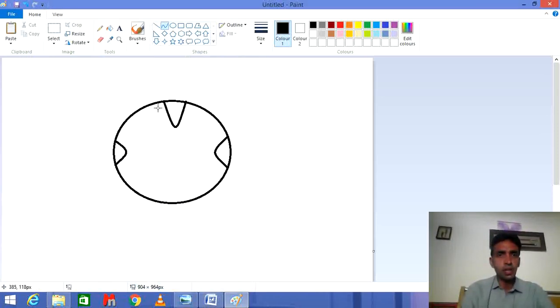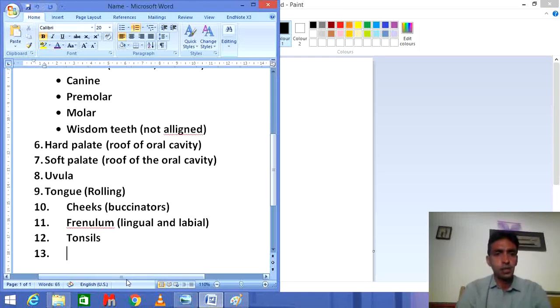On the upper side, you will also see two adjacent glands over here, on this side and on this side. If you open your mouth and look in the mirror, you can see these two glands. These two glands, which are beside the uvula, are called adenoid glands. Tonsils and adenoid glands are very important glands.